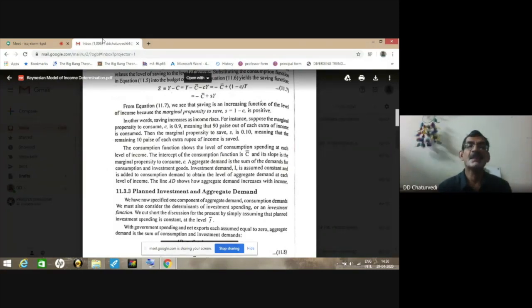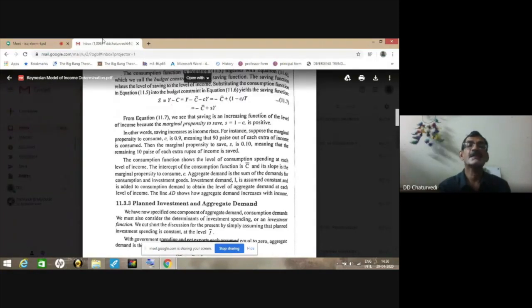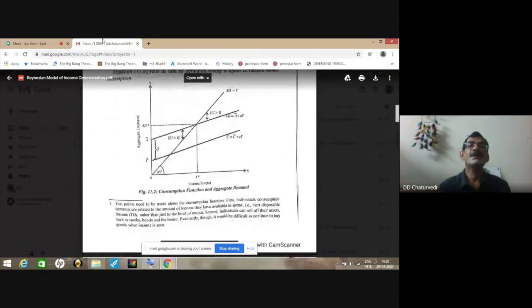In the previous figure, that is 11.2, the equilibrium takes place where aggregate demand and output intersect each other, and the corresponding output level is given by Y star. The corresponding aggregate demand is given by AD star in the figure.